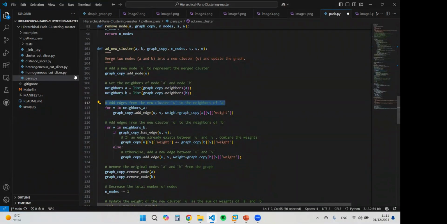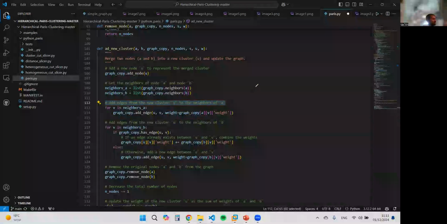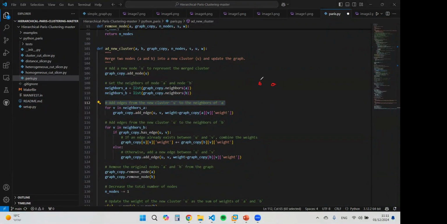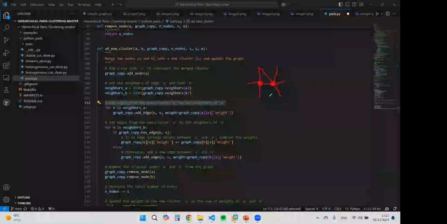I will draw something instead of using my hands. If you have two nodes that you have decided to merge together, but they have some connections to other nodes, and maybe they have a common neighbor, you want to merge those two points into one cluster. So in our case, one node.